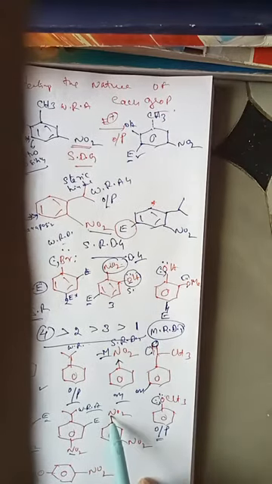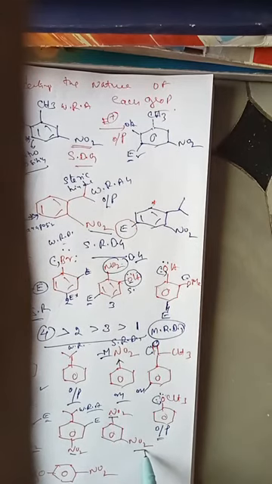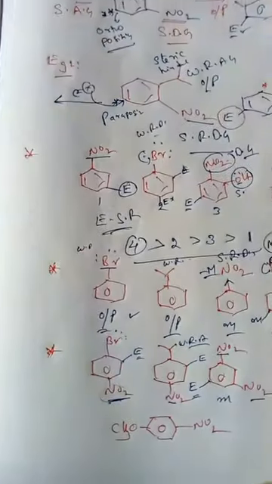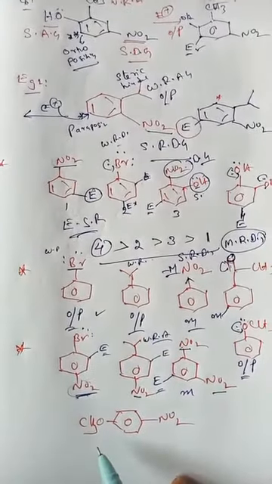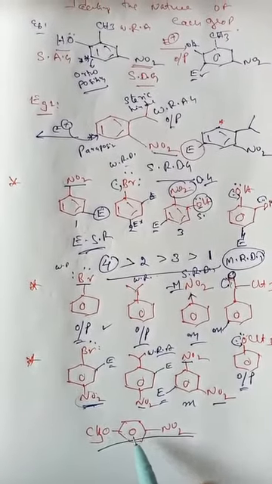In this one, because it is an electron withdrawing group and also a ring deactivating group, the electrophile preferably goes to the meta position. Another example you can see here is 4-nitromethoxy benzene.